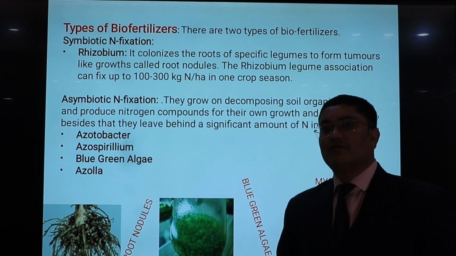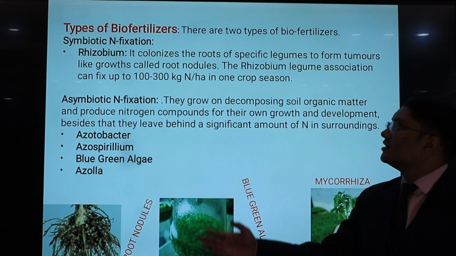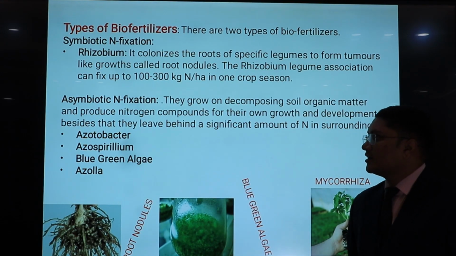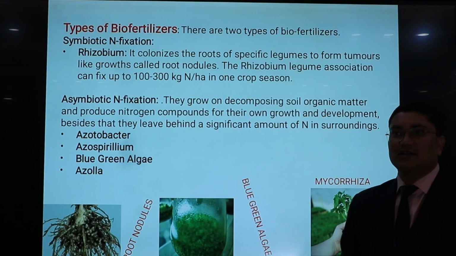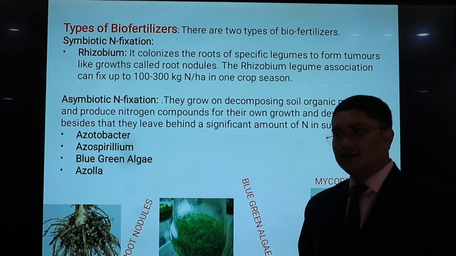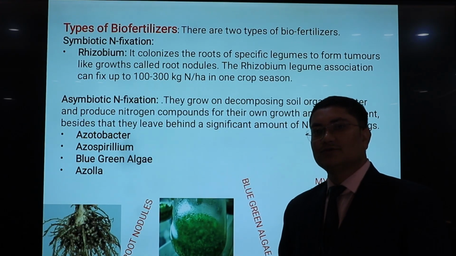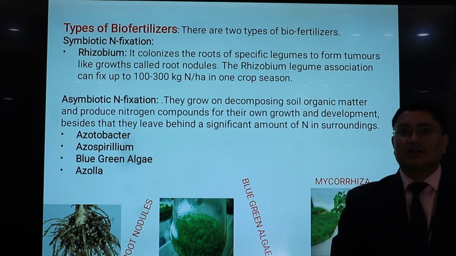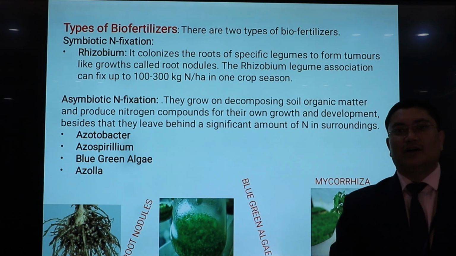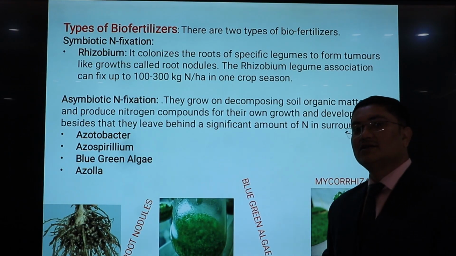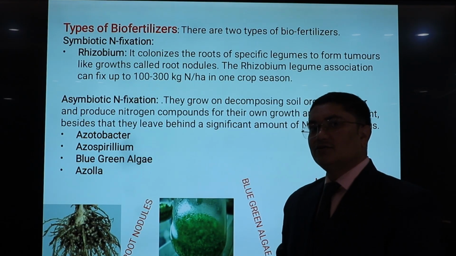Here are the types of biofertilizers: symbiotic N fixation and asymbiotic N fixation. Symbiotic in nature is Rhizobium, which is associated with the roots of legume crops, and they do nitrogen fixation with the plant's roots and provide nitrogen to the plants.